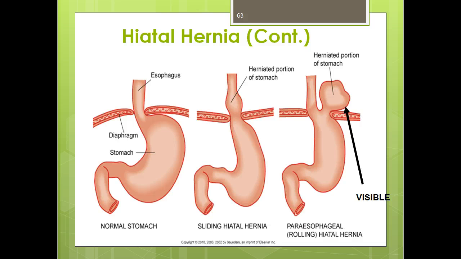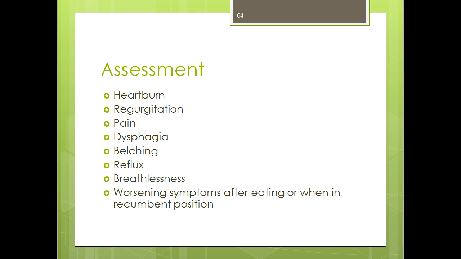So if you want to take a look at that, that'll give you an idea of what you're dealing with. Okay, so for hiatal hernia, you're going to do an assessment.